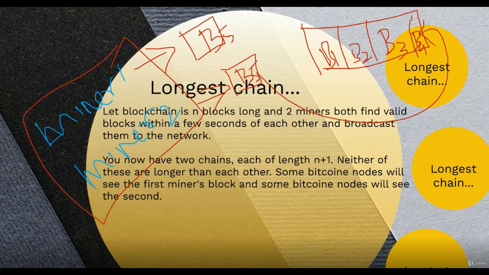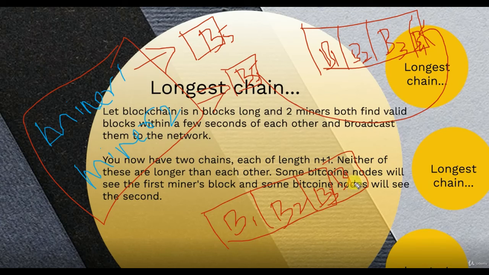So now your new chain will be B1, B2, B3, B4, and B5, B5. So this is what your new block structure is.